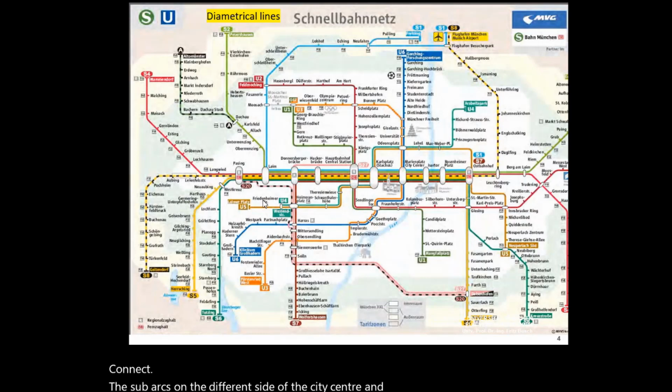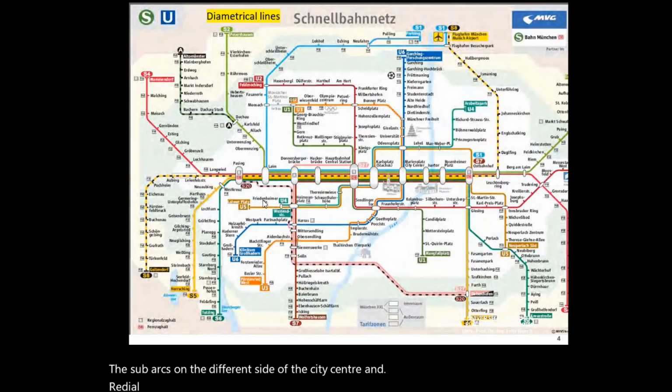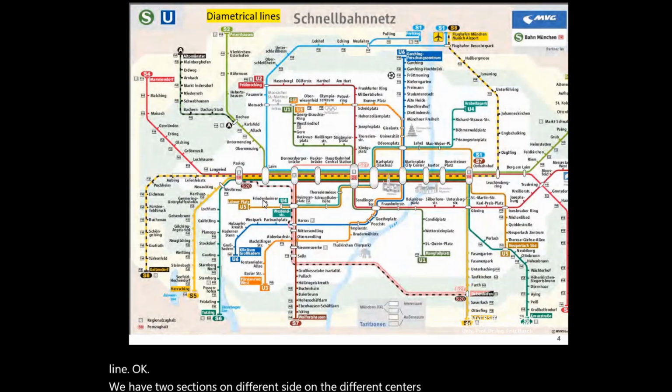And the diametrical line is basically the combination of the through as well as the radial line. We have two sections on different sides of the city center for capacity utilization purposes.